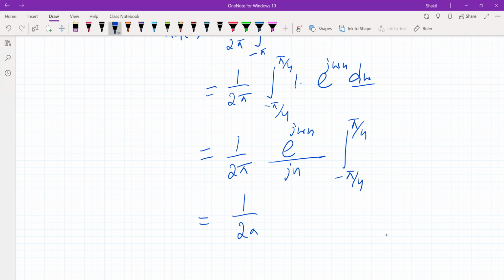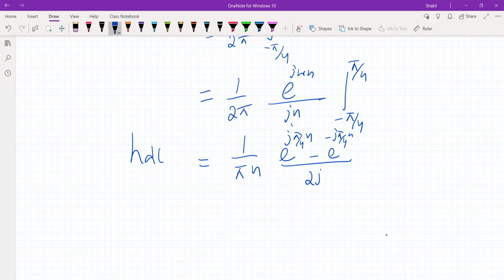Substituting the limits, this will be e to the power of j pi by 4 n minus e to the power of minus j pi by 4 n, divided by jn. Now I will write pi here and n here and 2 here. Right, so this is our h of n.